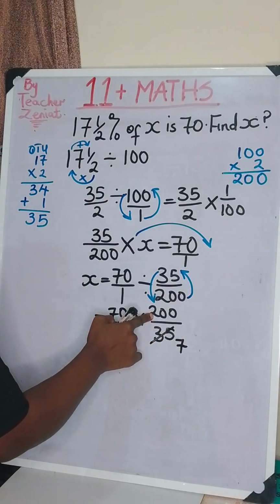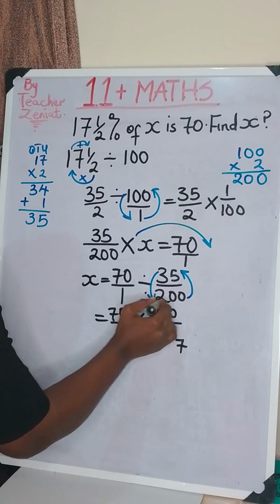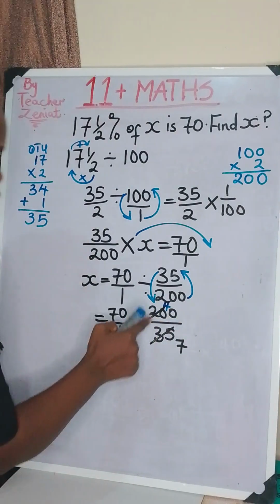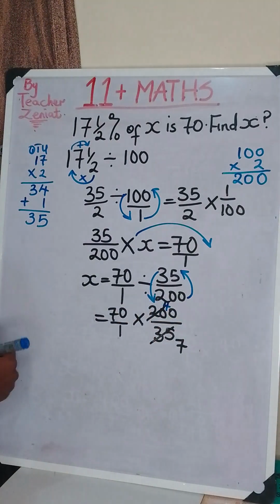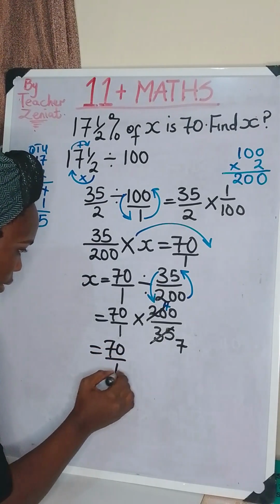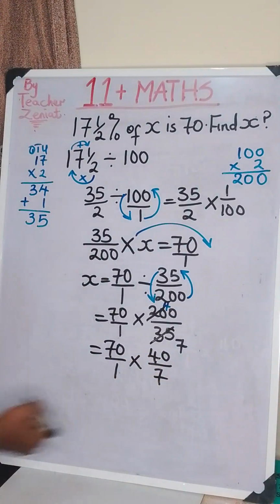How many times will 5 go into 20 here? We'll have 4 times. So this 4 plus this 0 will give us 40. So that we'll have 70 over 1 times 40 over 7.